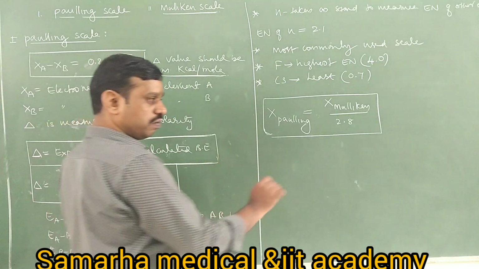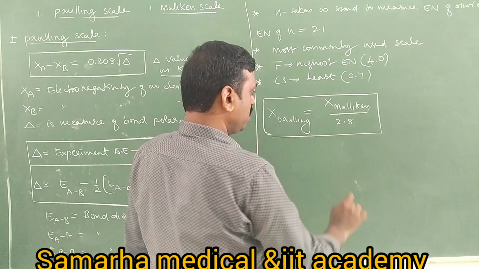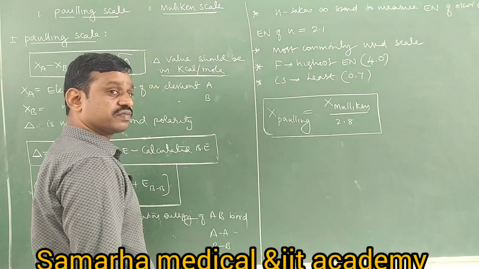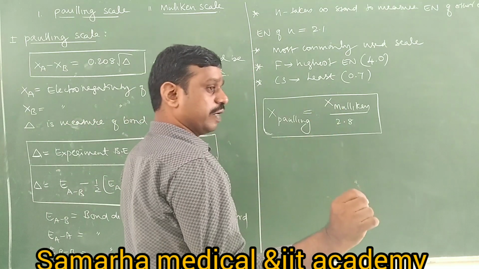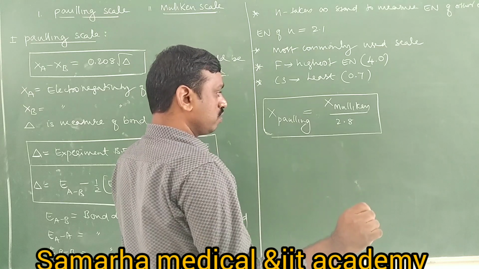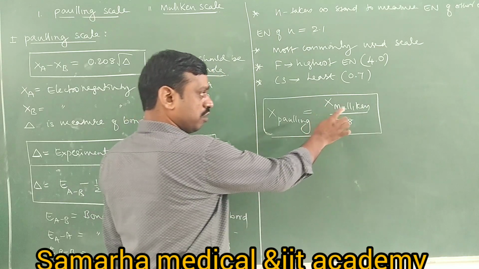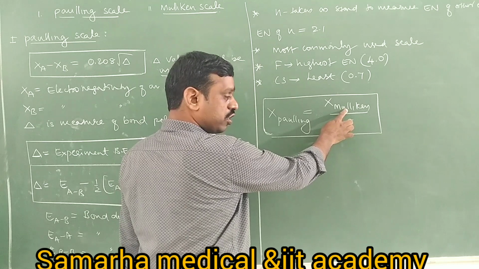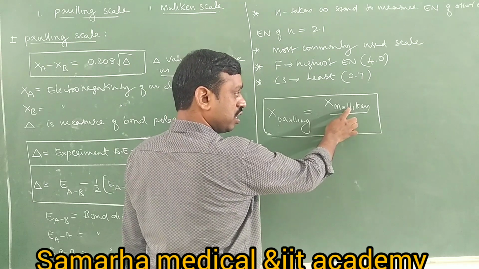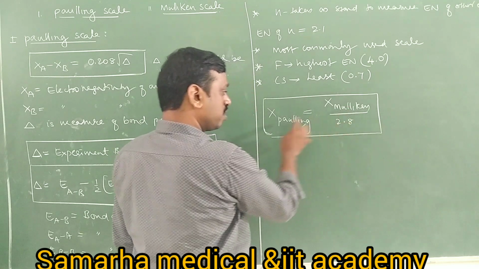That is the ratio. But among Pauling scale and Mulliken scale, which is greater? Mulliken scale. Listen here, the electronegativity in Mulliken scale is 2.8 times more than in Pauling scale.